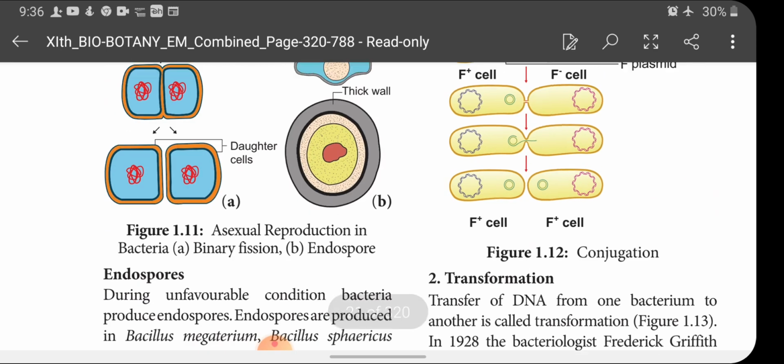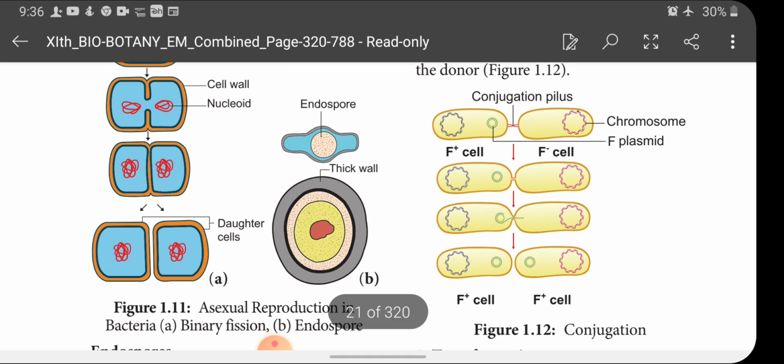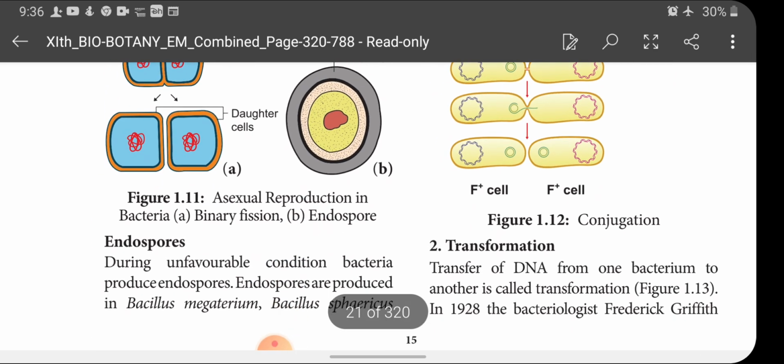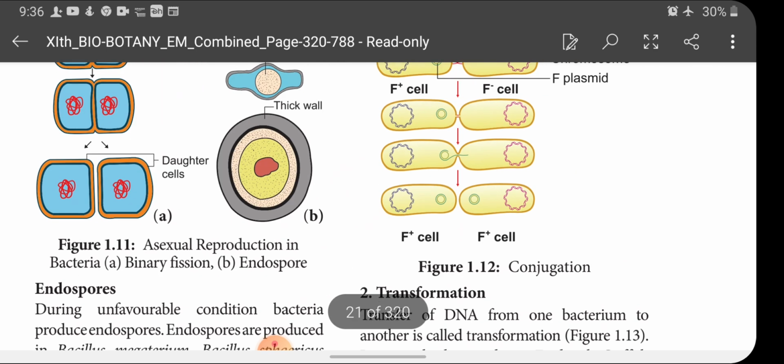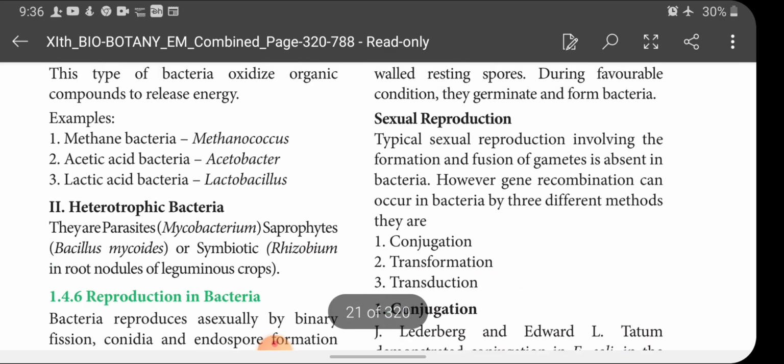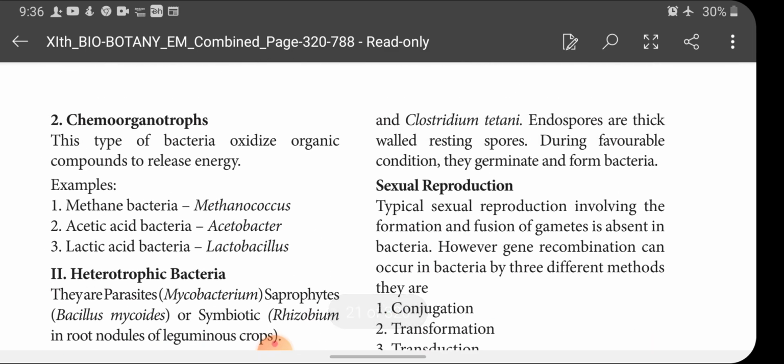Next, endospore. You know this endospore formation. During unfavorable condition, bacteria produce endospore. Endospores are produced in Bacillus megaterium, Bacillus sphaericus, and Clostridium tetani. What is endospore?